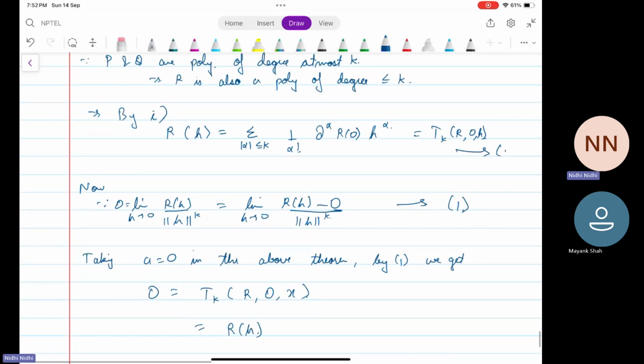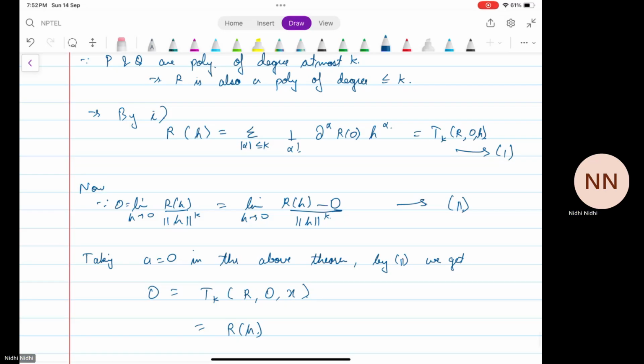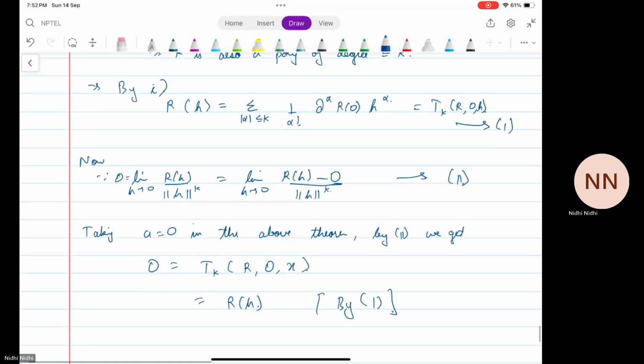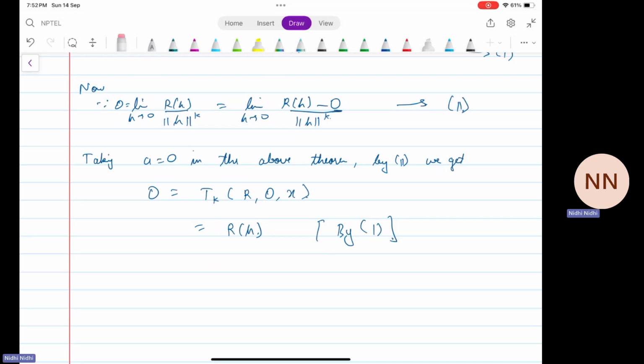So I should have marked this as 1, this as 2. This comes from this. Therefore, r(x) is equal to 0, that is, p is equal to q. That's what we wanted to prove.